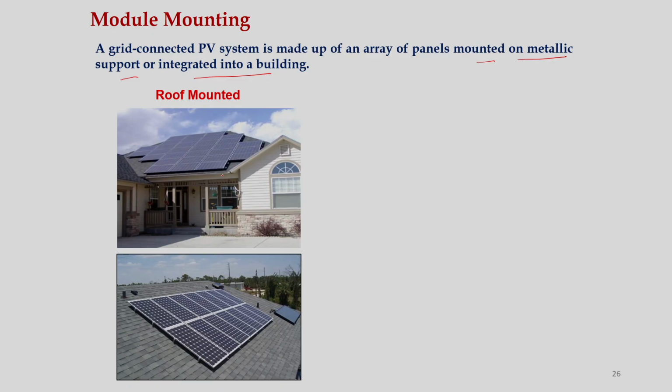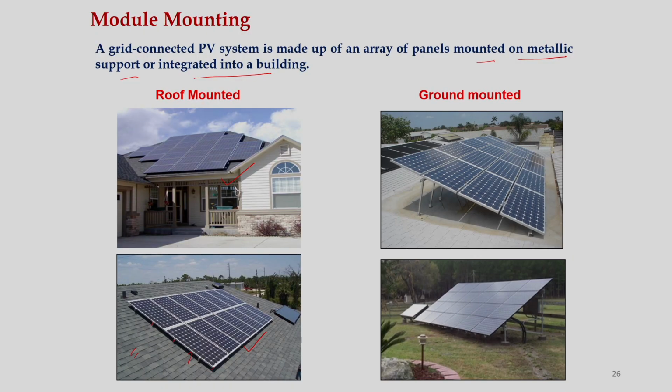So, this is a configuration for roof mounted. Okay. So, roof is here and parallel to the roof these modules are connected. Of course, there is a gap and clamps are there to hold the structure, right. So, these are the modules. This way you can see different configurations, and here what you can see is a ground mounted system.